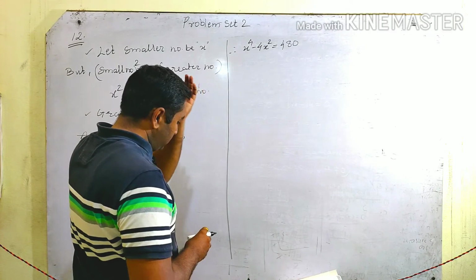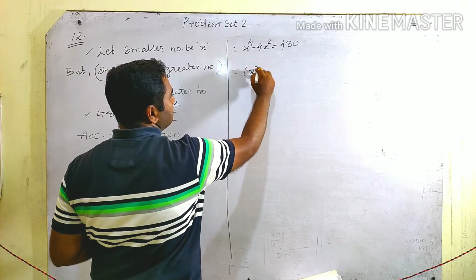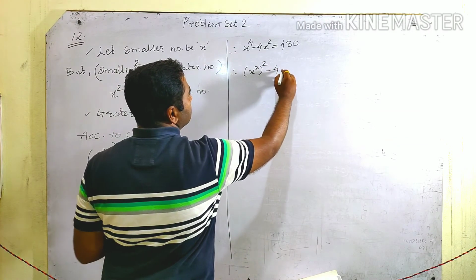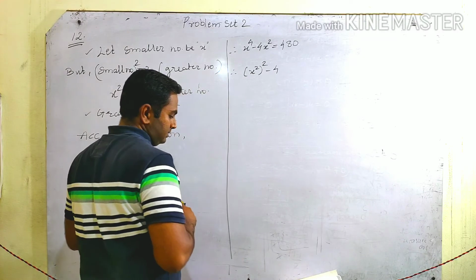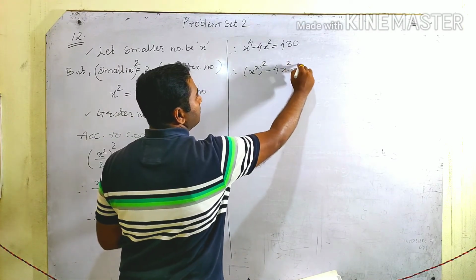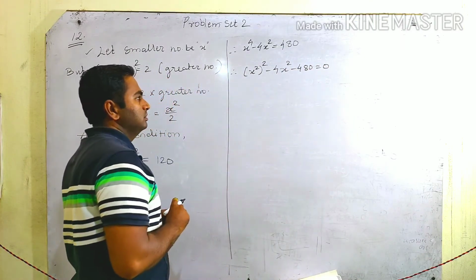So 480 is there. We take this x square in the bracket, so we get x raised to 4 minus 4x square minus 480 is equal to 0.